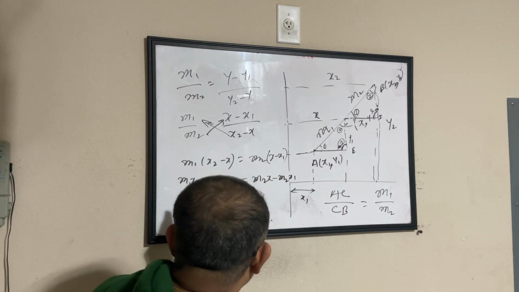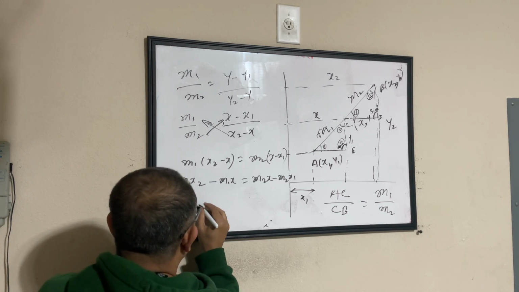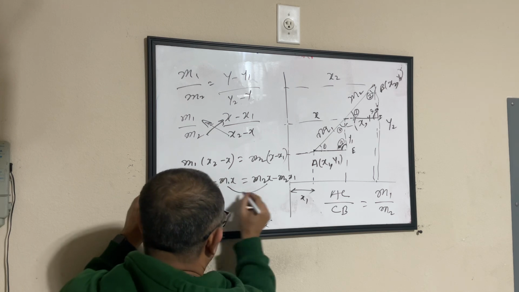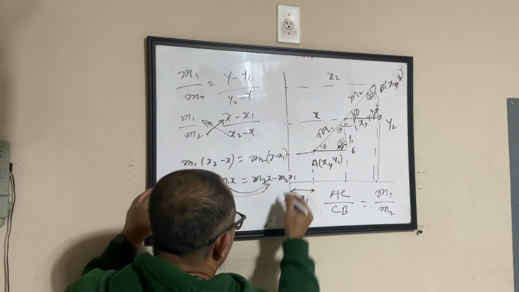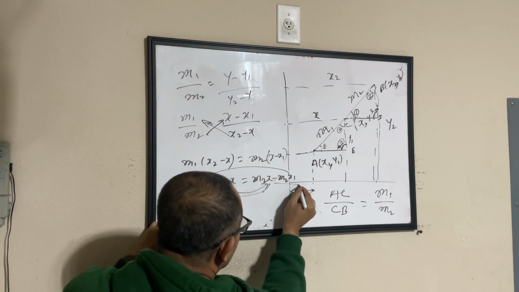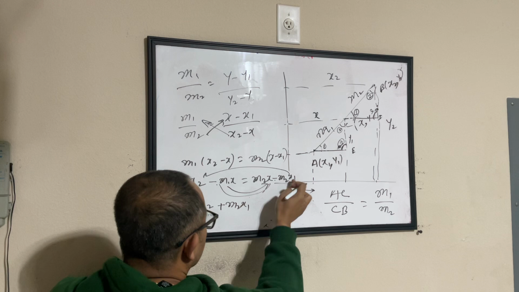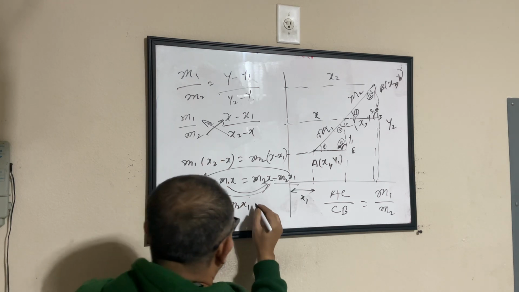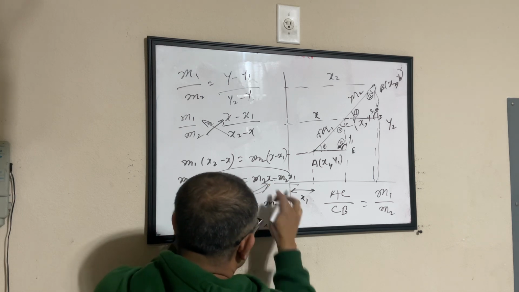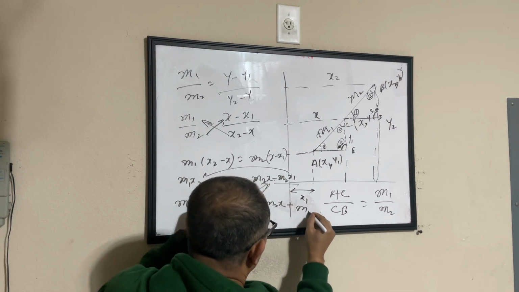Now take all the x's on one side. I am taking x1 to the same side, and bringing this guy to this side. So m1 x2, this is minus here, it becomes plus. So m2 x1. Both became plus, will be equal to m2 into x, and this comes this side, so this part becomes plus m1 into x.